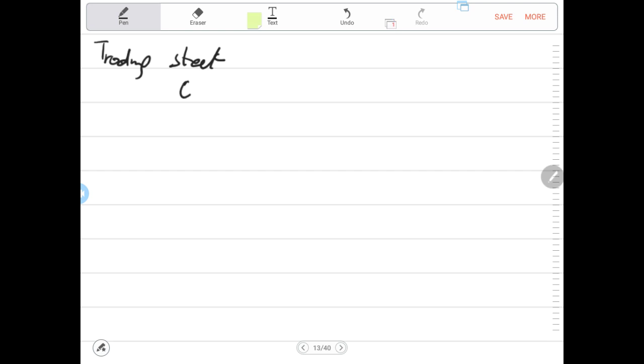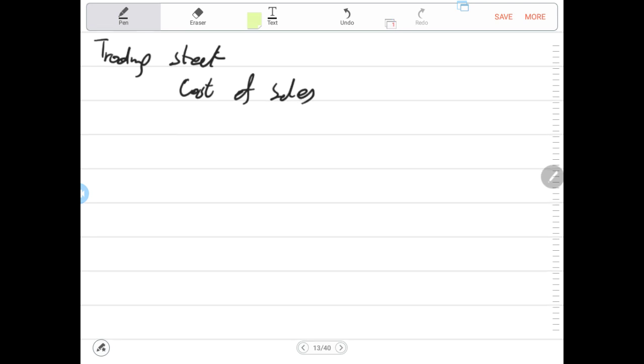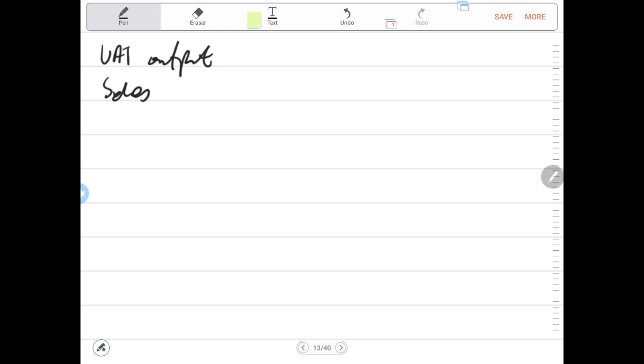We credit our cost of sales. This is normally the last one in this transaction. Then after, or let me start with the sales one and come back to the last one. Let us do the VAT first. The VAT output. Then after we do the sales return or debtors allowance.